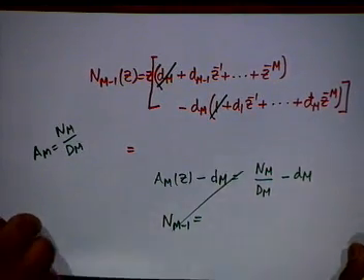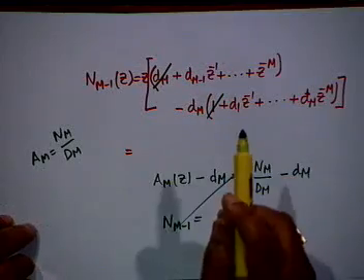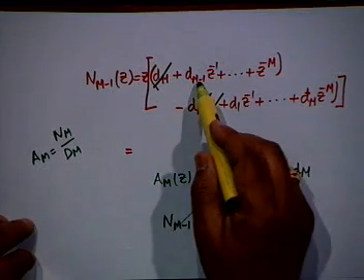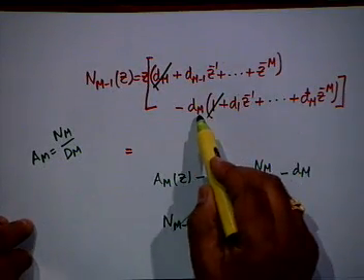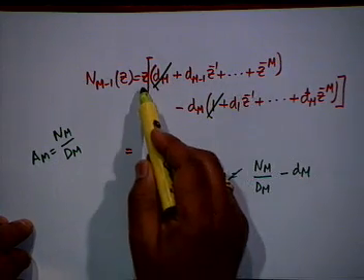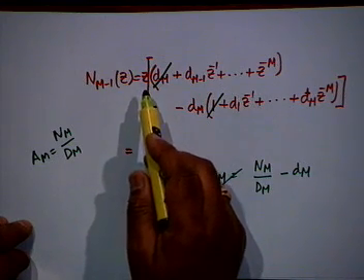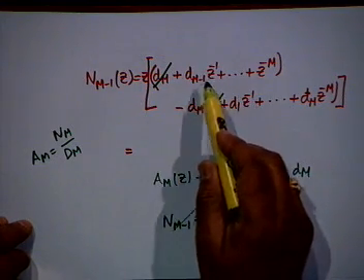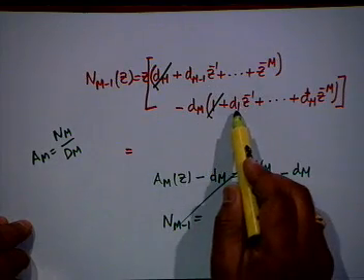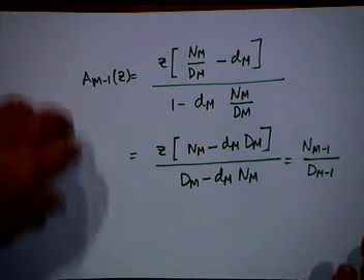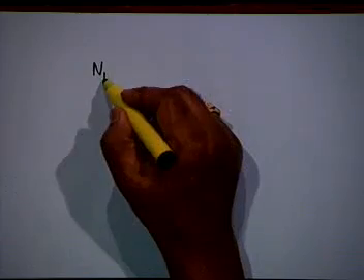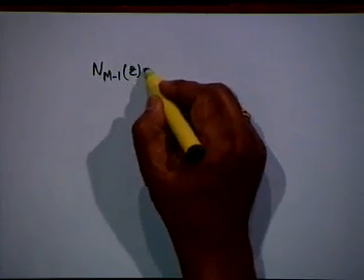You see, what happens is the coefficient of z inverse shall be dm minus 1 minus dm d1, but there is a multiplication by z, and therefore the constant term in the numerator shall be dm minus 1 minus dm d1. Therefore, what I get is n m minus 1. We have to be very careful.